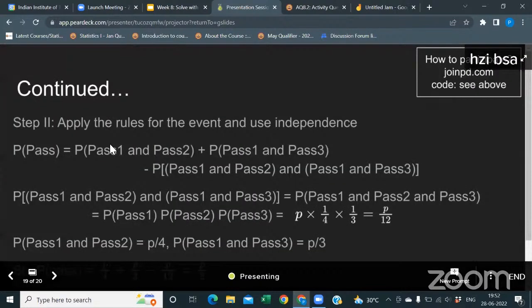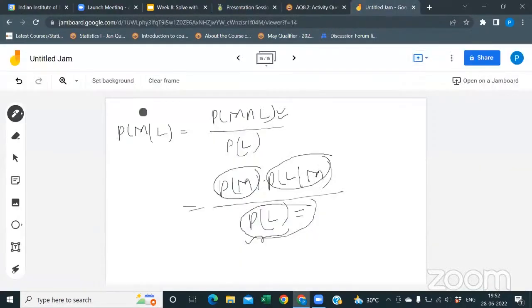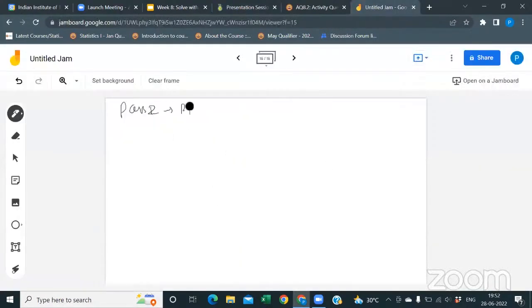Now, probability of pass. Probability of pass means what? Let's denote pass 1 as P1 and pass 2 as P2.